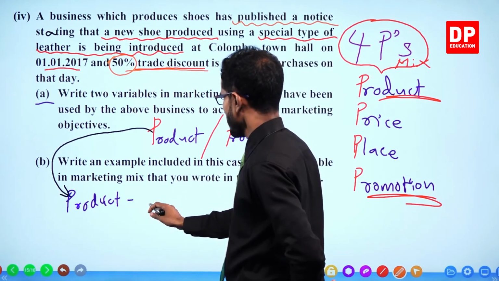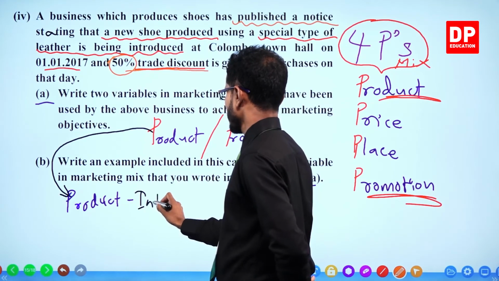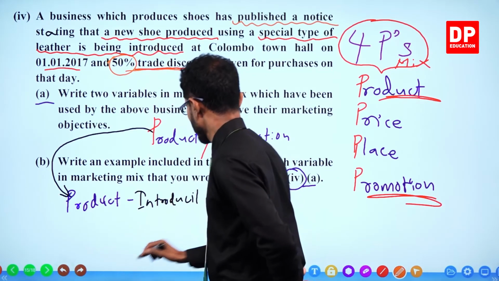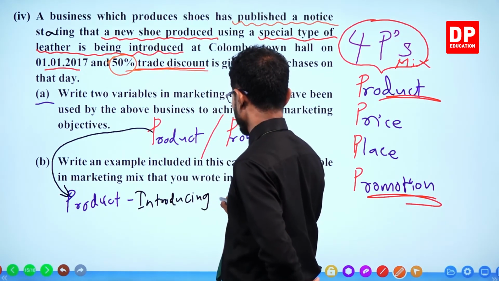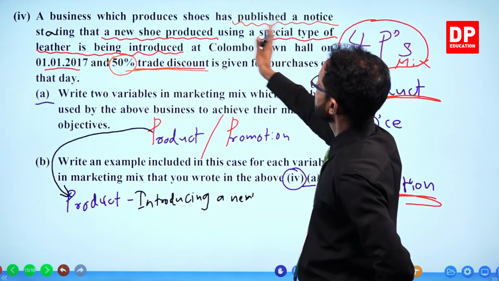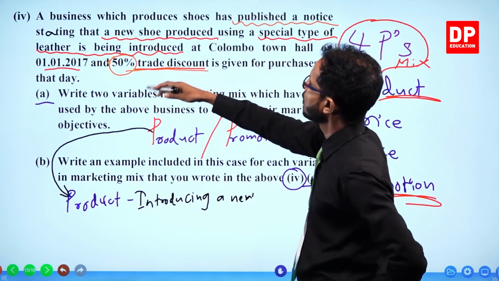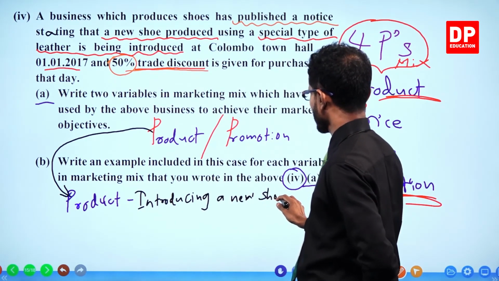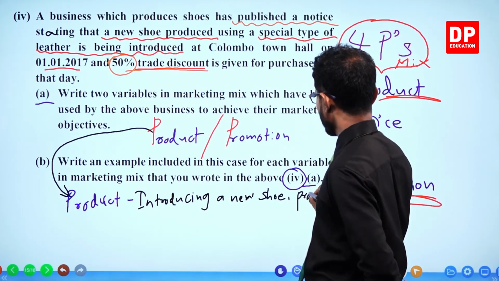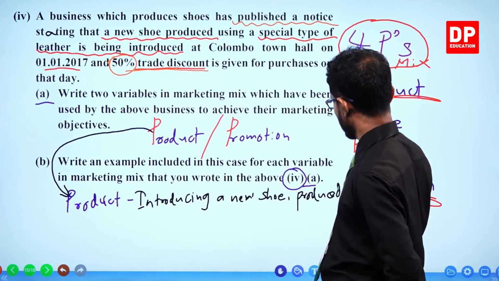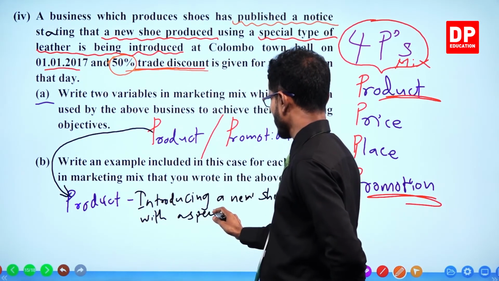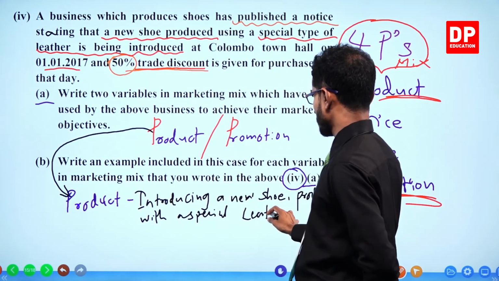So the example is introducing a new shoe which is produced with a special leather. That's what you should write.